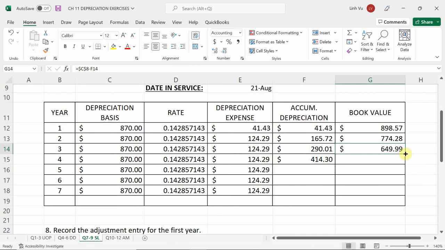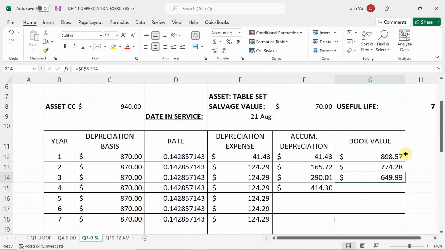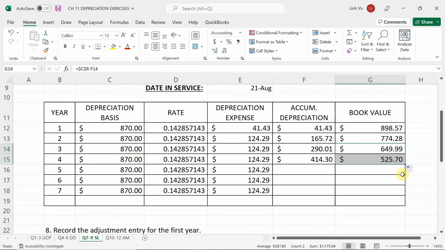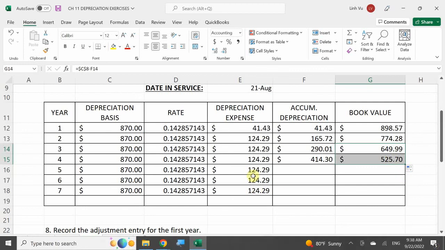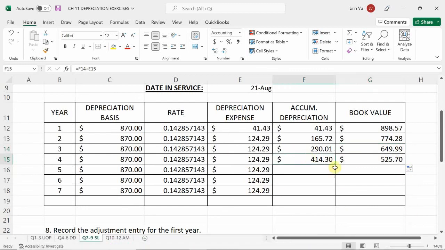So what's my book value now? $525.70. So what's my accumulated depreciation for year 5? $538.59.